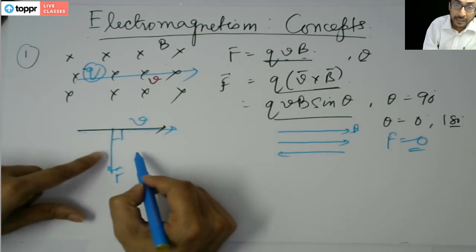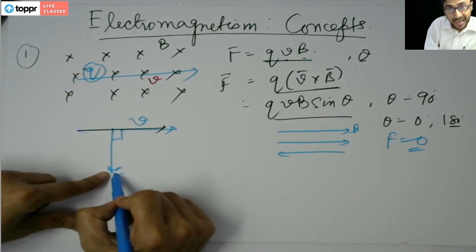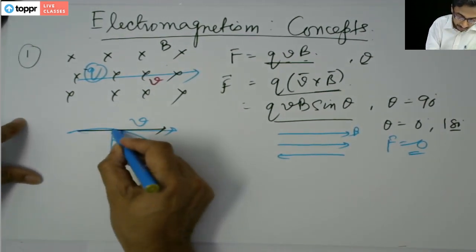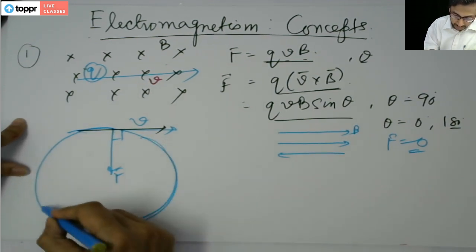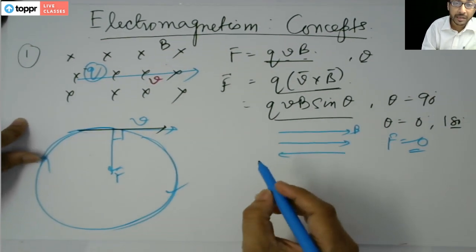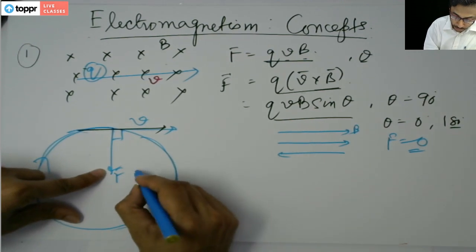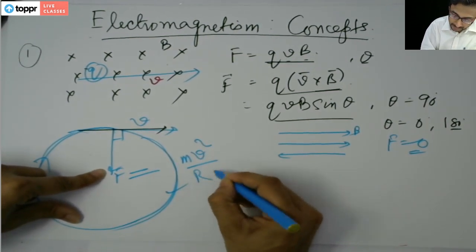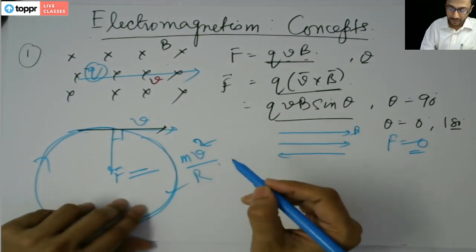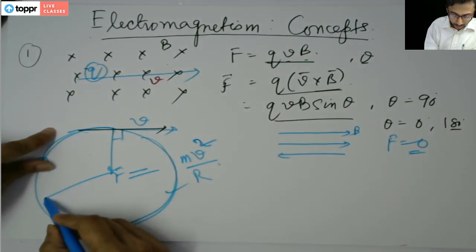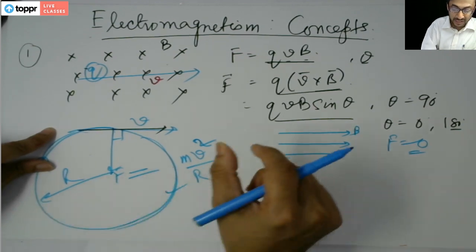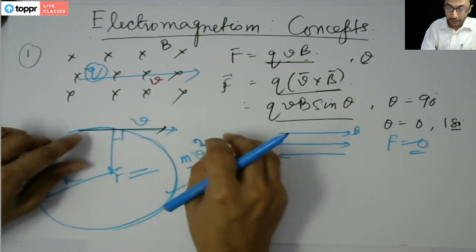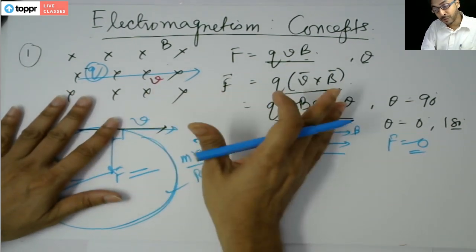So this force will act in a centripetal direction towards the center, and it will result in a circular motion of the charged particle, where this force is actually giving the centripetal force, which is nothing but mv squared by r, where r is the radius of the circular motion. Got it? This concept has a lot of application.